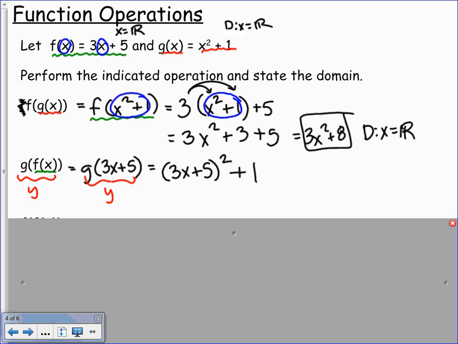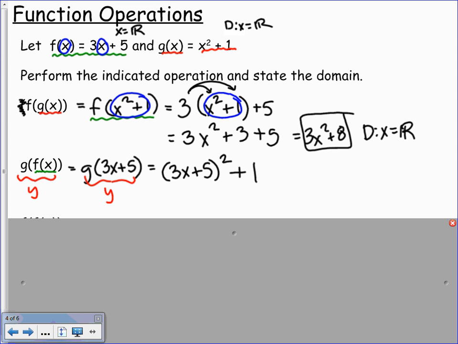On the other side, remember this says y equals 3x plus 5. This says y equals x squared plus 1. So after I do that little substitution where I decide what I'm going to plug in for x, everything else is what the function is. And then you should have it written out as y equals something.